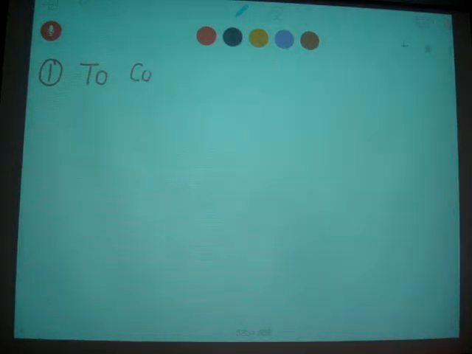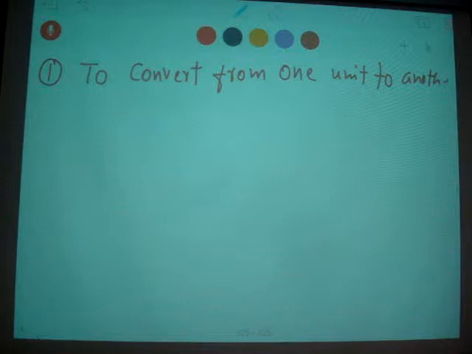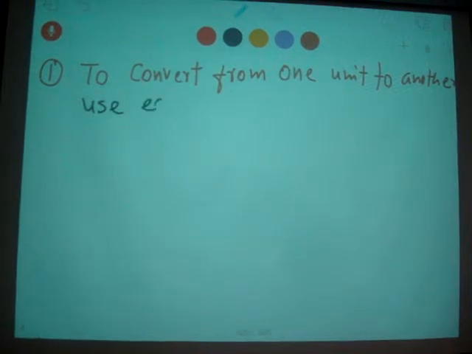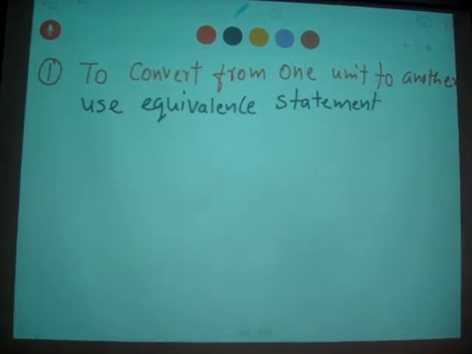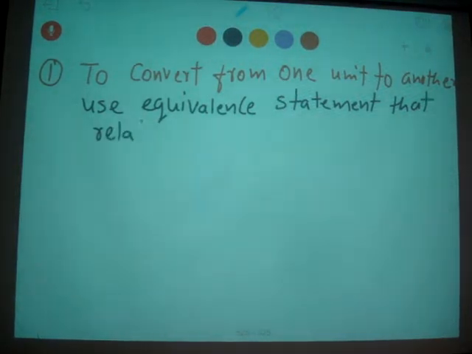To convert from one unit to another, use an equivalence statement that relates the two units.